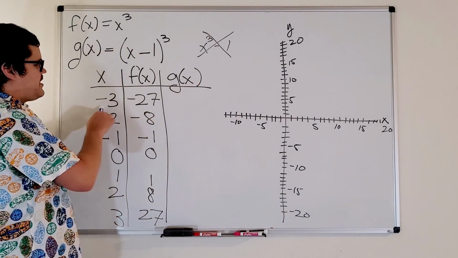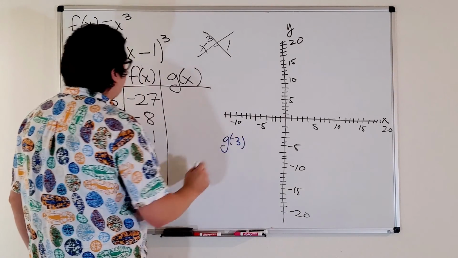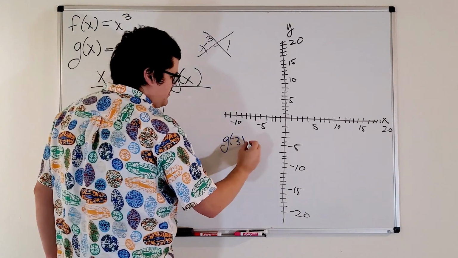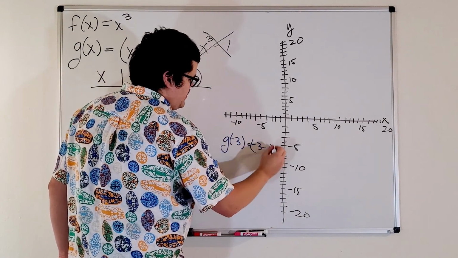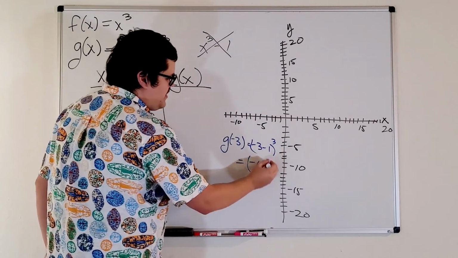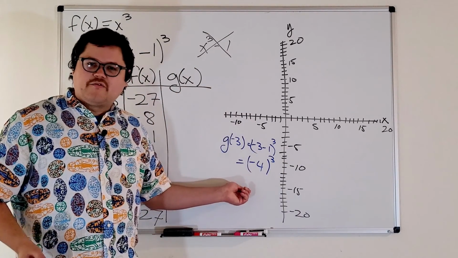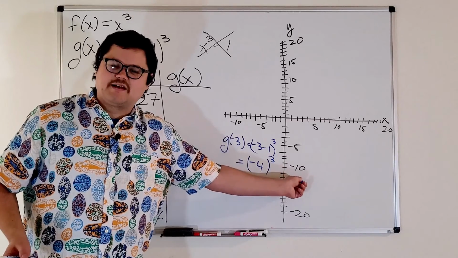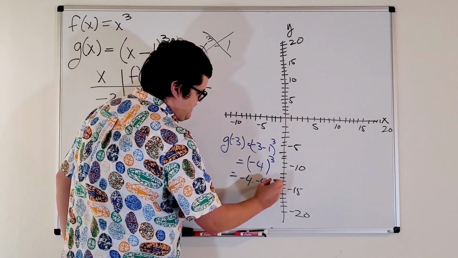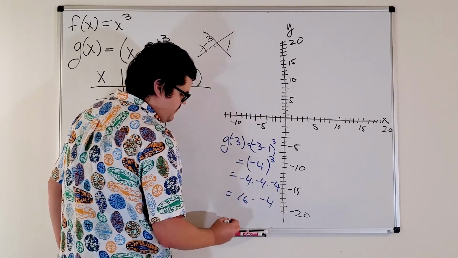G of negative 3, I'll write it over here, is (negative 3 minus 1) cubed. Negative 3 minus 1, negative 4. Cubed, huh? Well, it's negative 4 times negative 4 times negative 4. Positive 16 times negative 4.